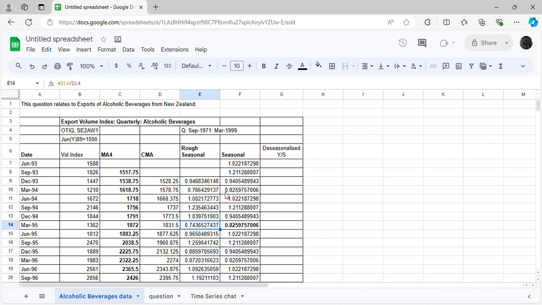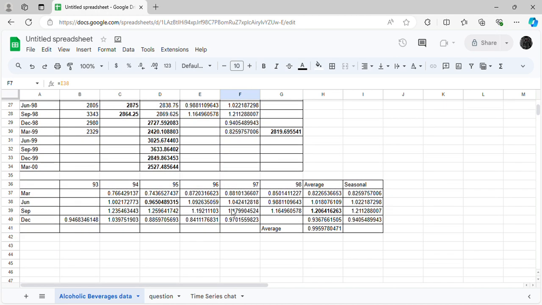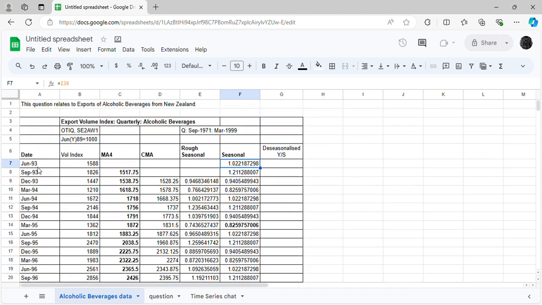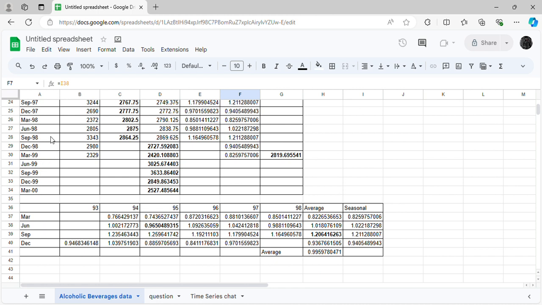And for the seasonal, for this, we need to do a bit of work over here. So we need to make a table for the year 1993, 94, 95, 96, 97, 98, 99, and year 2000.